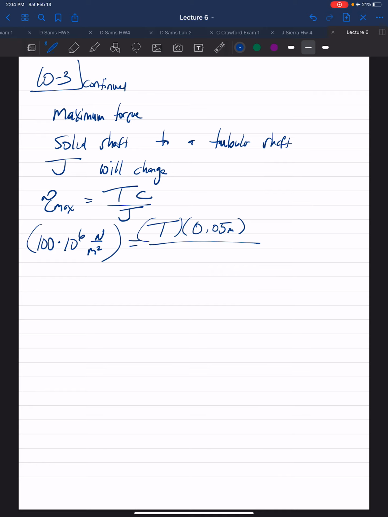But our J now is different. So for tubular, J, our polar moment of inertia, is pi over 2 times the difference of the outer radius to the 4th power minus the inner radius to the 4th power.